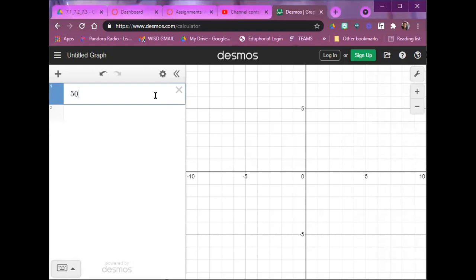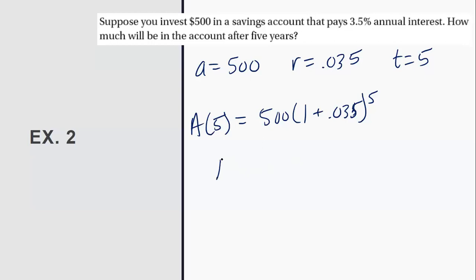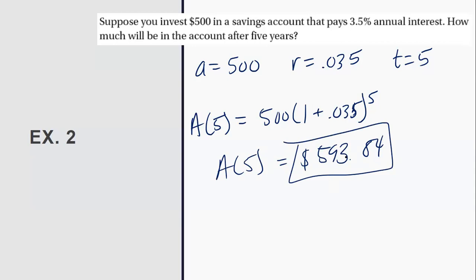I have 500 times 1.035 to the 5, and I have $593.84. How do we do? Good. So after 5 years, we know that it equals $593.84. Questions, comments, concerns?